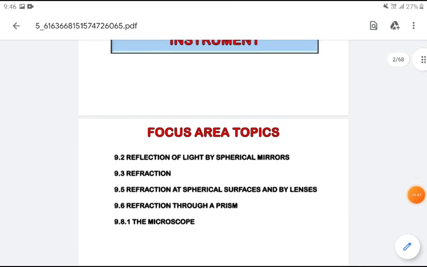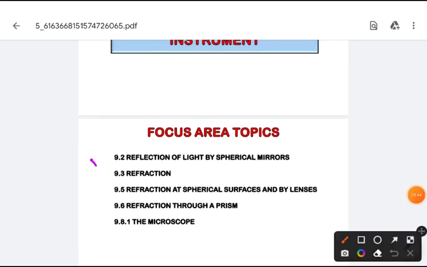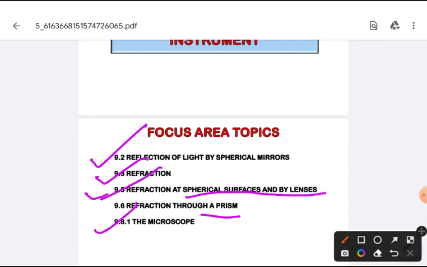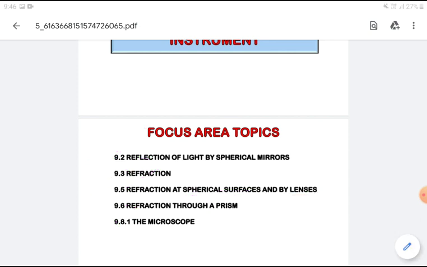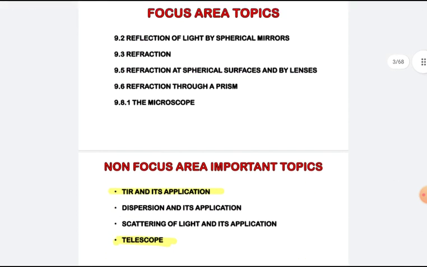Then the focus area topics: reflection of light by spherical mirror, refraction, refraction through a prism, refraction at spherical surface and by lens, and then the microscope. All these nine topics are very important topics.